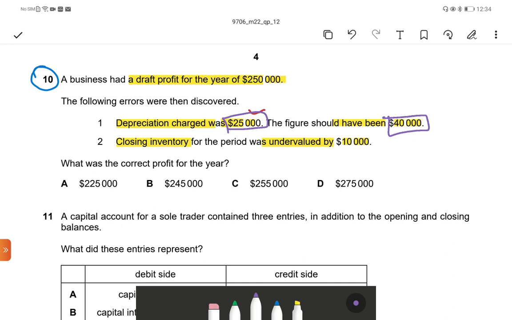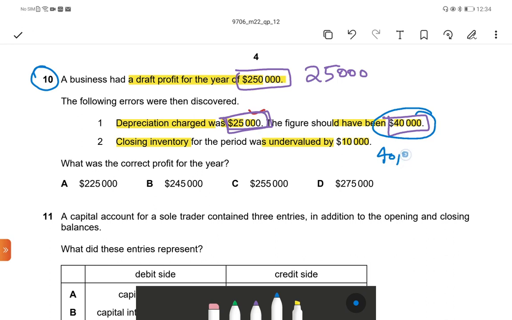Our profit is 250,000, and the actual depreciation is 40,000 minus 25,000 entered, which is equal to 15,000 understated expense.